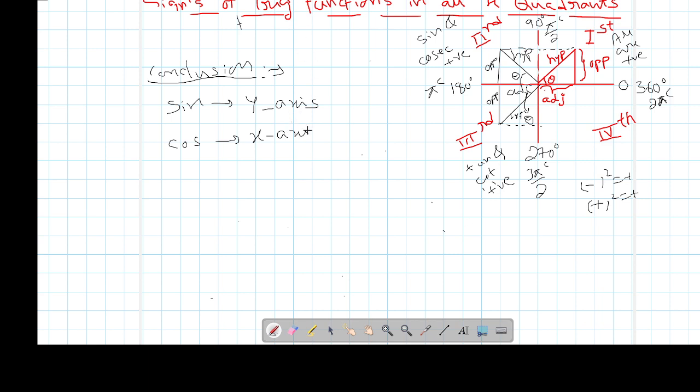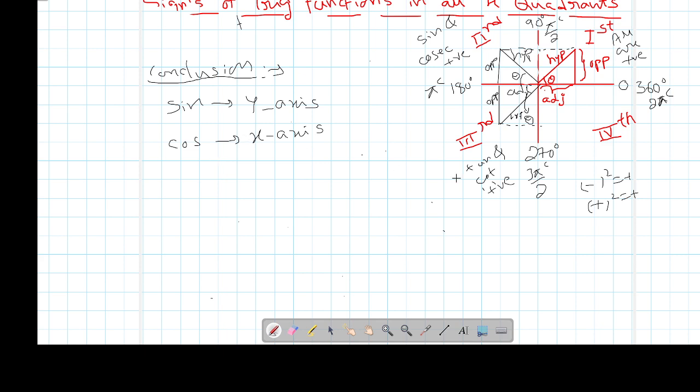So by figuring out the sign of x and y, you can easily tell the sign of the trigonometric functions in each quadrant.